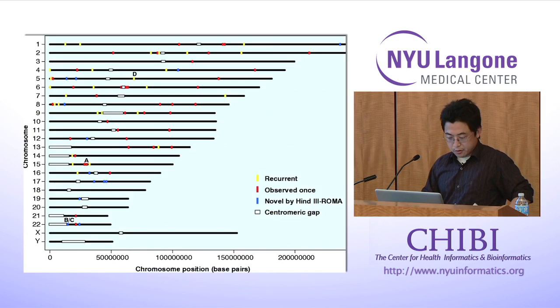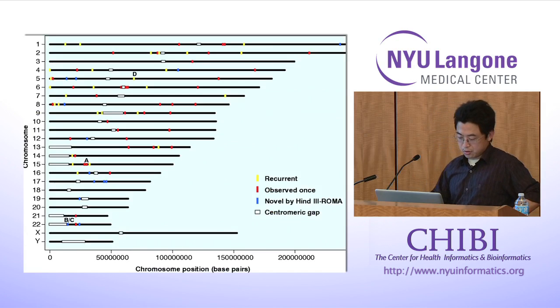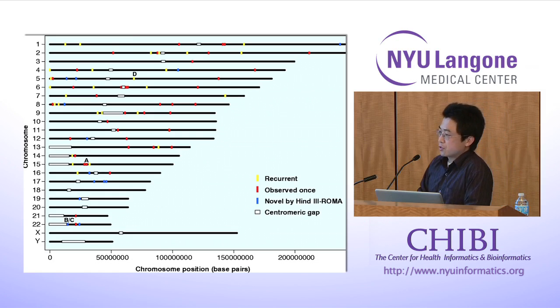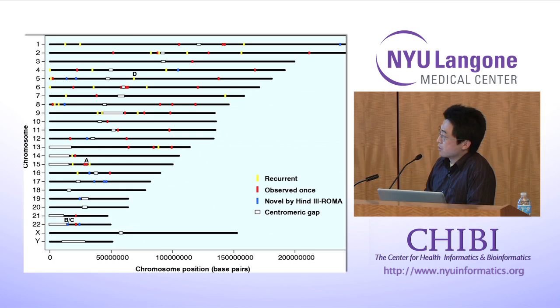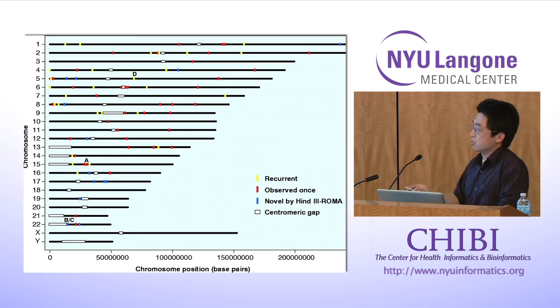The first high throughput study results were in 2004 and 2005. There were two major groups using high throughput arrays to discover that among normal populations, there is a good number of polymorphisms of copy number variations. This is a publication by Michael Wigler's group at Cold Spring Harbor Laboratory.